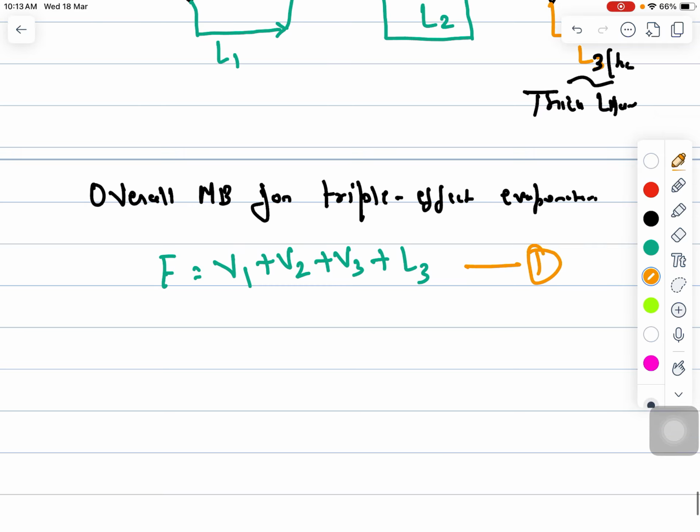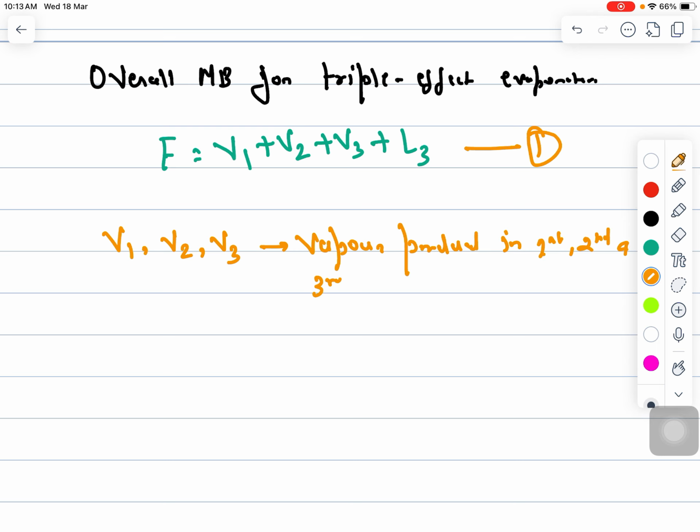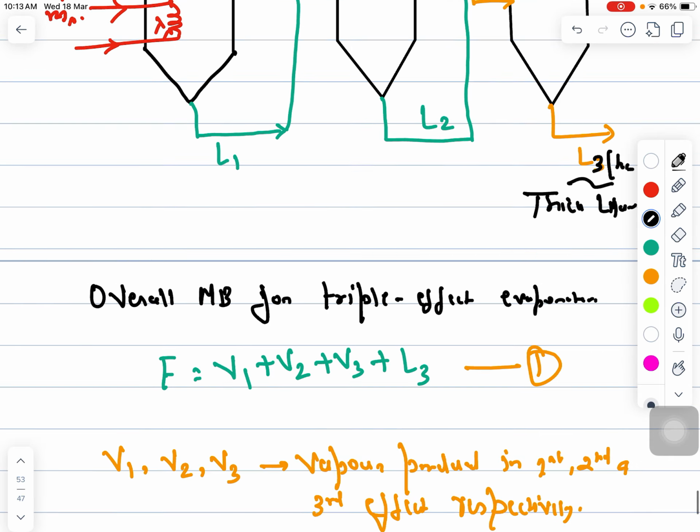And where V1, V2, V3 are the amounts of vapor produced in the first, second, and third effect respectively.